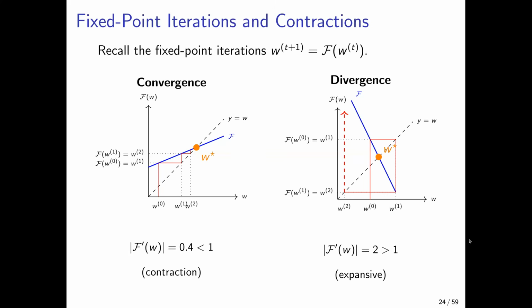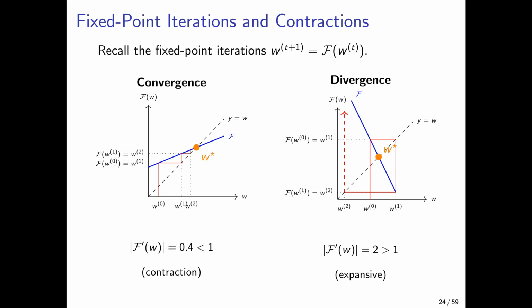Yeah. And so with this new knowledge that we have acquired about Banach's fixed point theorem, we can also exactly understand what's going on in this example that we have seen earlier in the introduction. So namely, on the left-hand side, we indeed have convergence of the fixed point iteration.